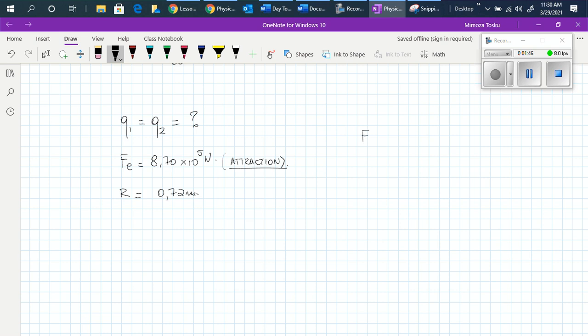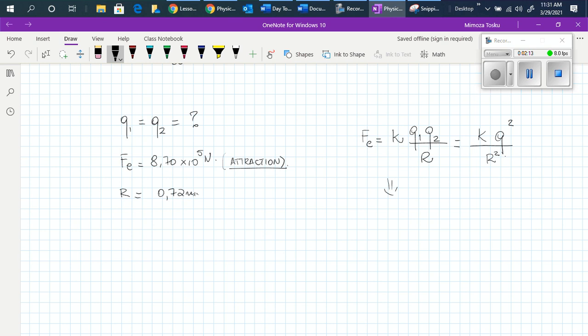Now the electrostatic force based on Coulomb's law is k Q1 Q2 over R squared. Since the two charges are equal to each other, it will be Q1 to the power of 2 over R squared, because Q1 times Q1 is Q1 squared.